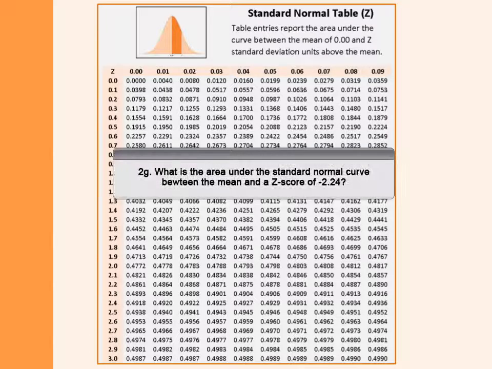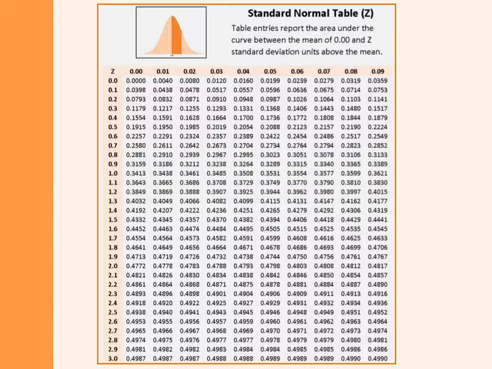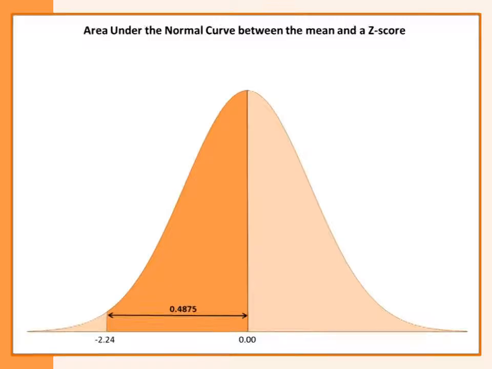The last problem we'll work through asks us to find the area under the standard normal curve between the mean and a z-score of -2.24. Taking the absolute value of -2.24, we highlight the row that reports z 2.2 and the column that reports 0.04, and the value that appears at the intersection of these two highlighted areas is our proportion that we will now add to our normal curve.